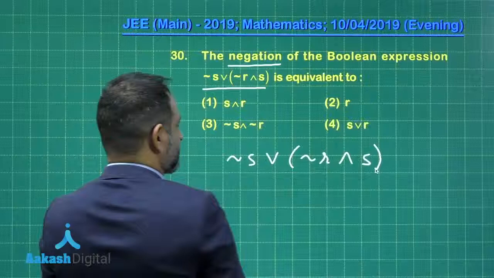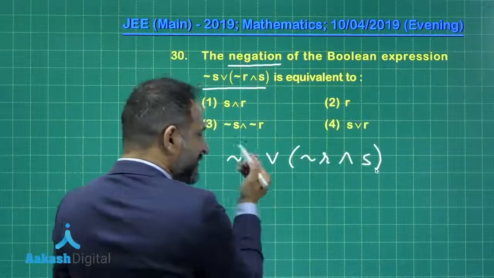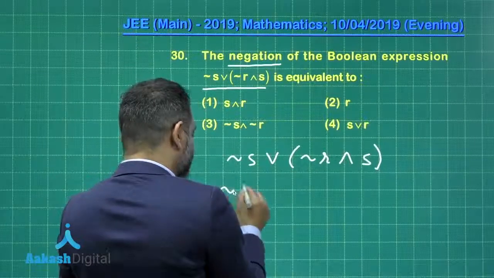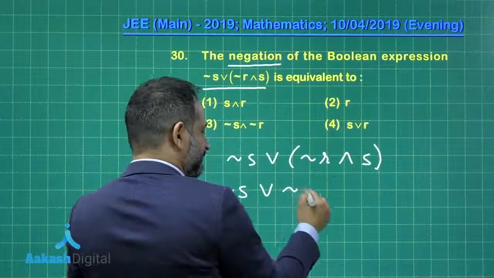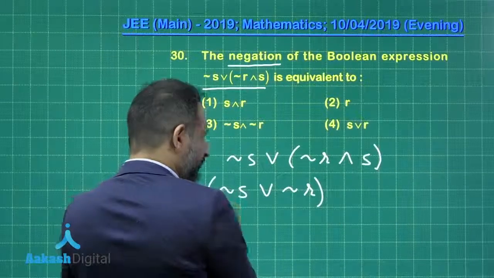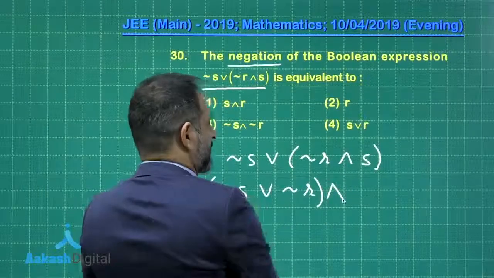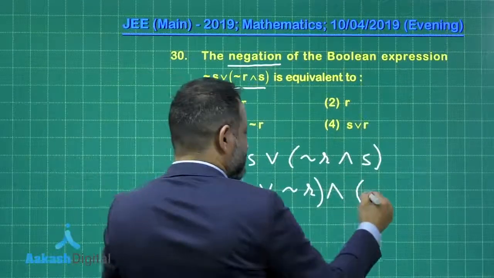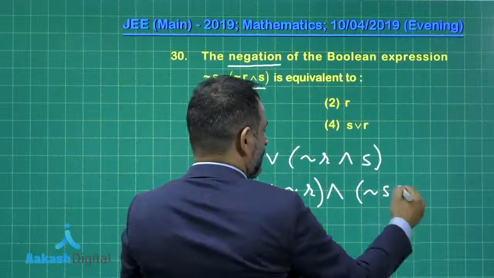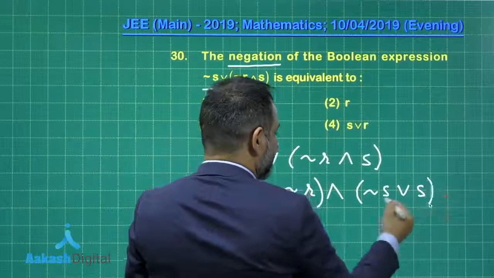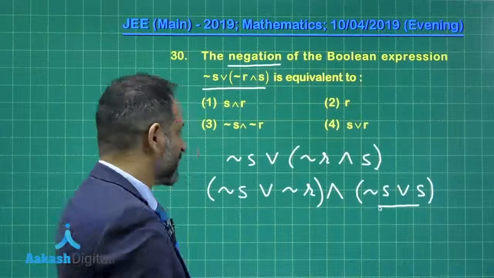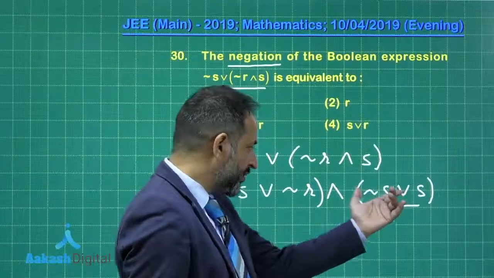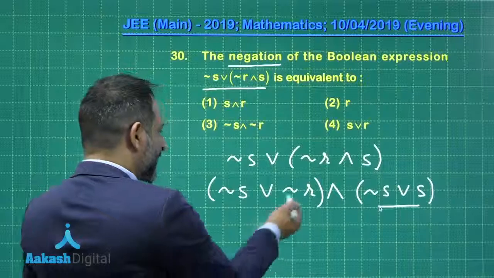and S. So we are going to distribute this OR here. So OR is distributed in these two. So you know how to distribute it. Here we will have AND. So negation S or S. Now you know this is a tautology. This is always true. So we need not carry this term. So we have this term.